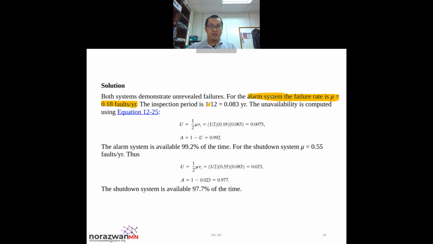The inspection period is once every month. So in a year there are 12, 1/12. It is 0.083 per year.